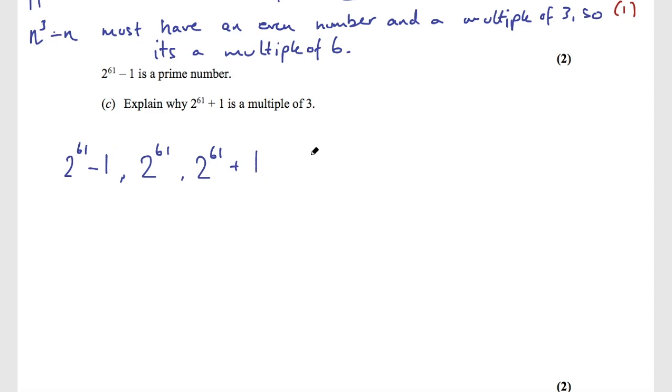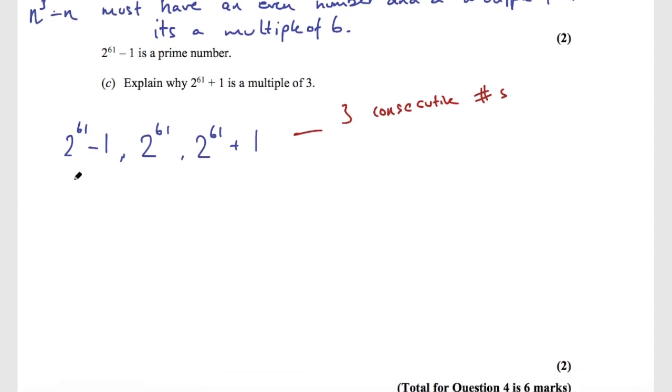So these are three consecutive numbers, and we're told that this is prime. This one must be even because it's a power of 2. Any power of 2 is an even number. And because they're consecutive, we know one must be a multiple of 3, so this one must be a multiple of 3.